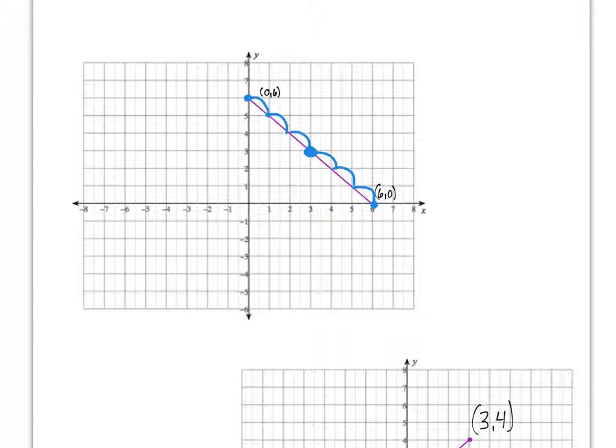But again, it won't always be that simple that we can count over the squares, and so we need another method. Well, to figure out the x coordinate, I need to add the x values and divide by 2.